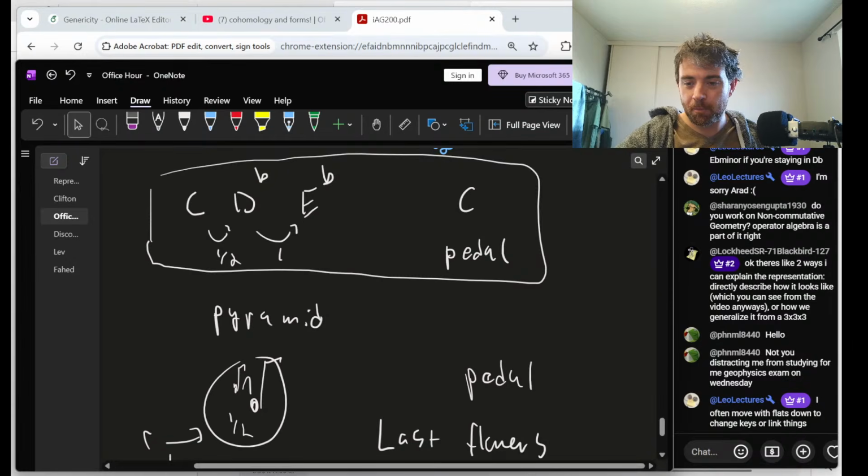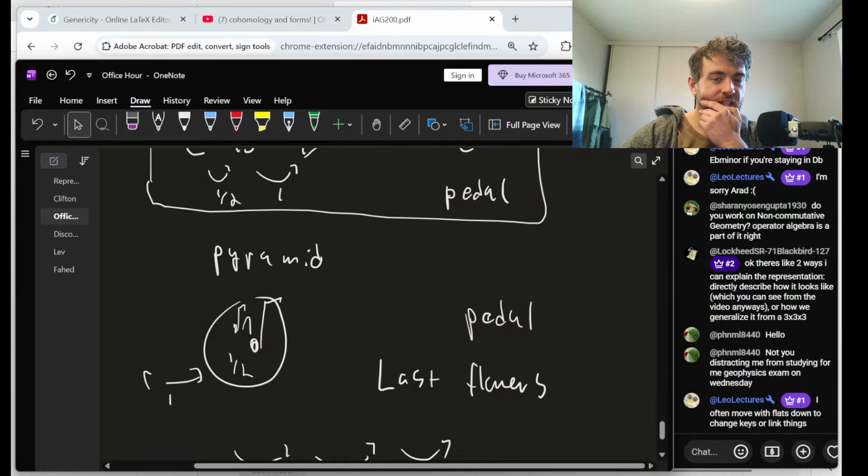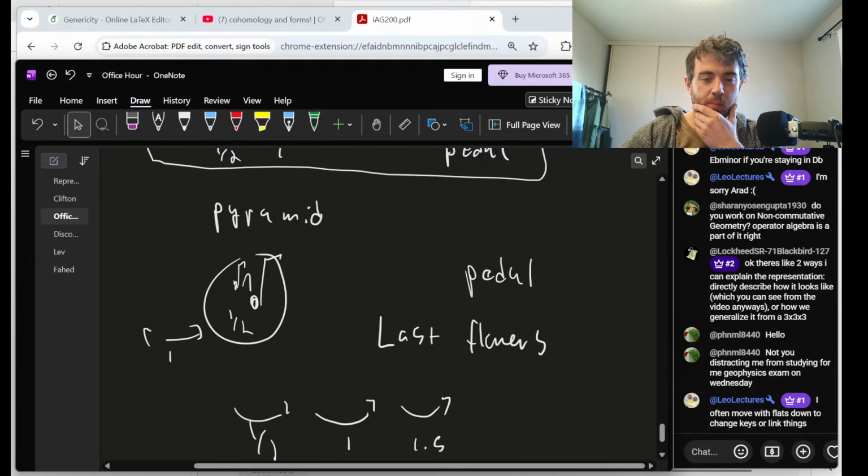Yes, me. You often move with flats down to change keys or link things. Yeah. That's that parsimonious phrasing, which I had an epiphany about a couple months ago. It just blew my mind.